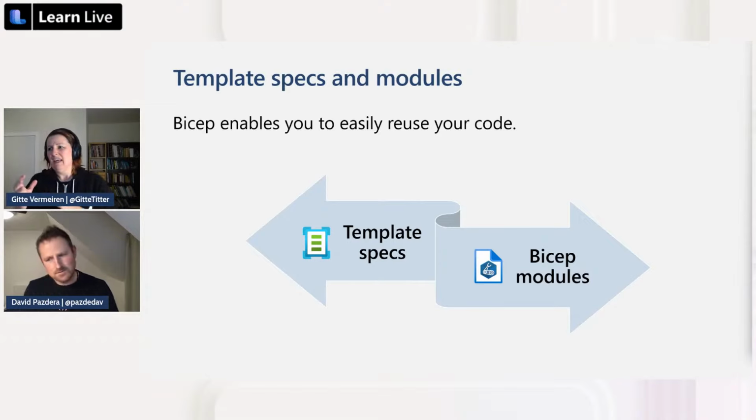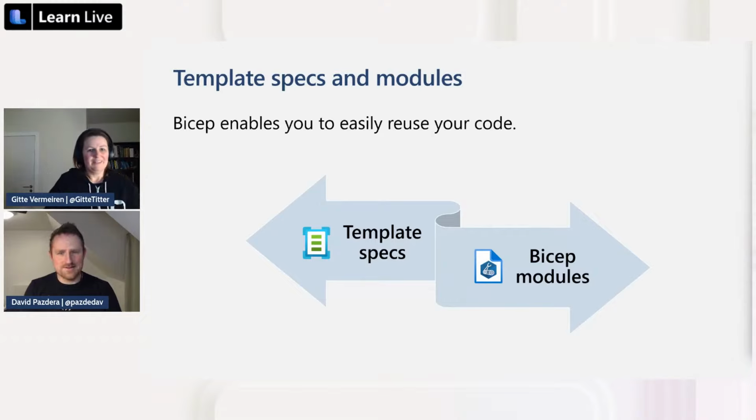And then actually, David, if you look at template specs and modules, basically you could use a module in a template spec, right? Yeah, so it's more like a chicken and egg problem, or it could be.